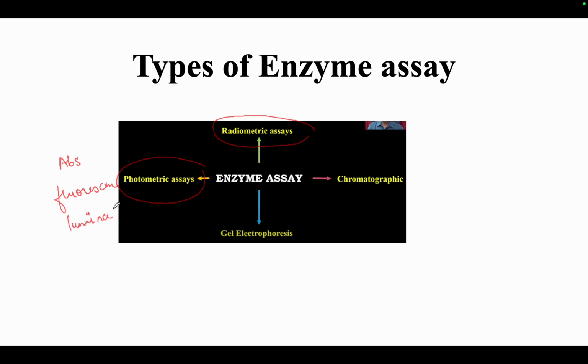So all light related assays come under photometric assay. And then chromatographic assay and gel electrophoresis assay, which we have already studied, so I won't go into them in detail in this class, but we'll study more about photometric and radiometric assay. So let's begin with photometric assay.